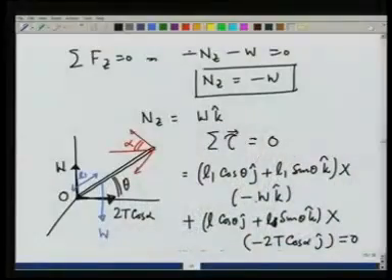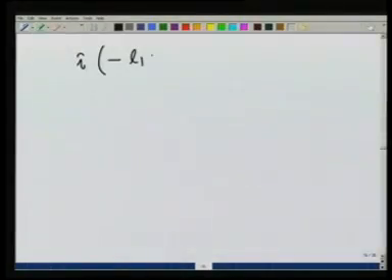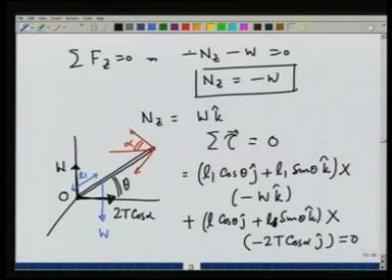So, let us work this out. The first term is going to give me j cross k, which is i, L1 cosine theta times W. So, the first term gives me i minus L1 W cosine theta. The second term, again j cross j is 0. So, k cross j is minus i.